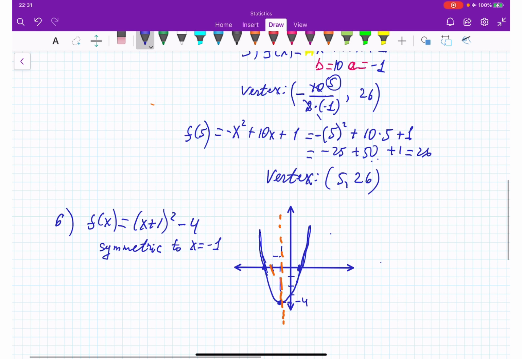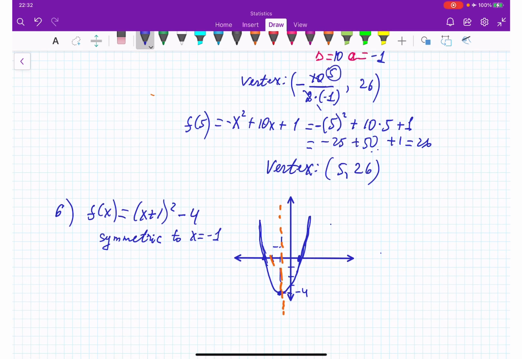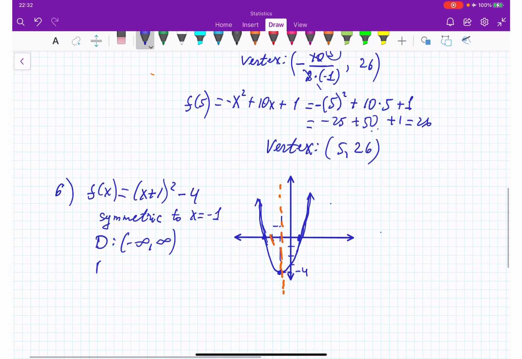Okay. Next, what is going to be the domain? Since it's running to infinity, the domain is going to be negative infinity to positive infinity. What is going to be the range? It's a different story. Range is the value of y, right? It starts from here and it goes up, growing up.